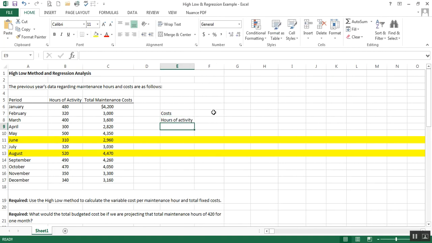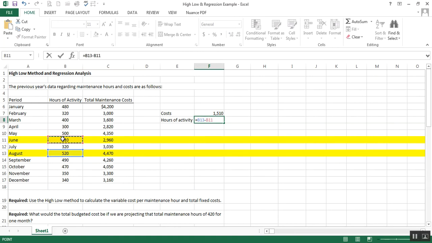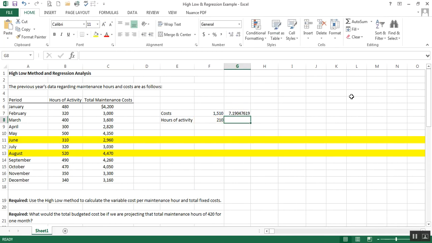We take our highest cost minus our lowest cost, and our highest hours minus our lowest hours. Then we divide the two. So our costs divided by our hours of activity gives us a variable cost of $7.19.